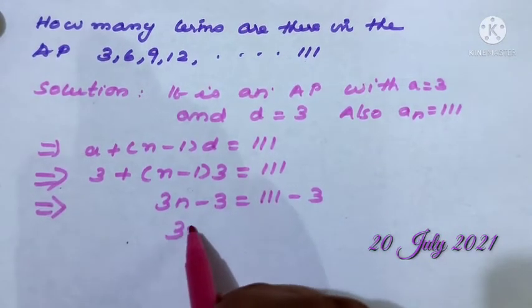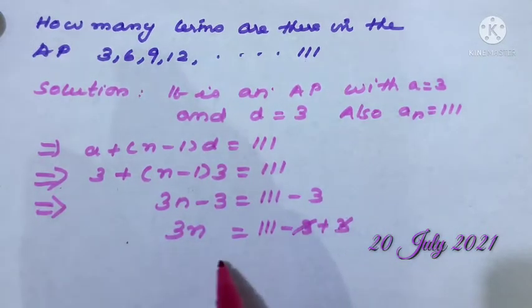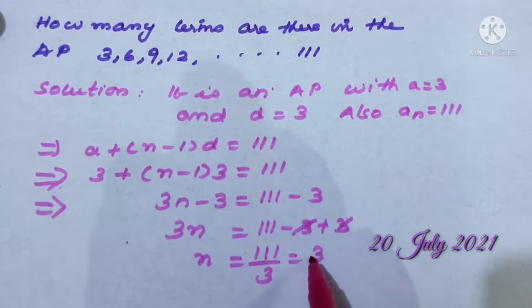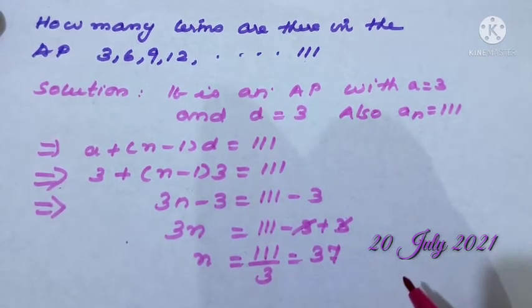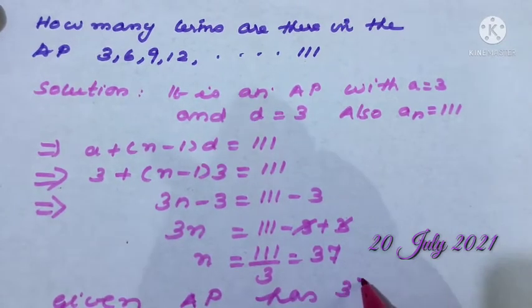So 3N equal to 111 minus 3 plus 3. So N equal to 111 divided by 3. So 37. So how many terms are there? The given AP has 37 terms.